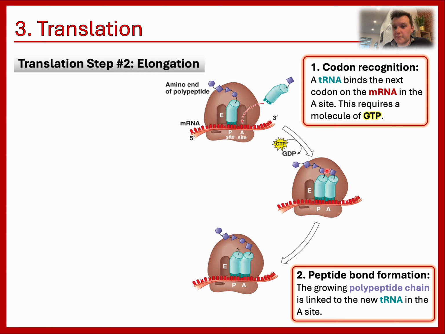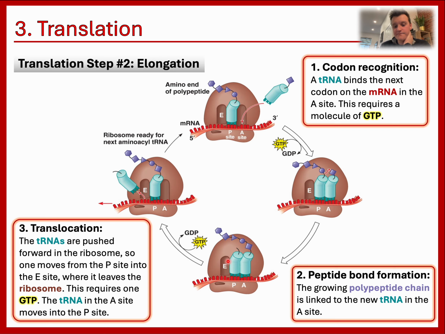You're transferring a peptide bond between this amino acid and this one, the circle and the diamond. And so the growth of the peptide chain is linked to the new tRNA in the A site. You're transferring your amino acid chain to the single amino acid, and you've just added a new amino acid to your chain.